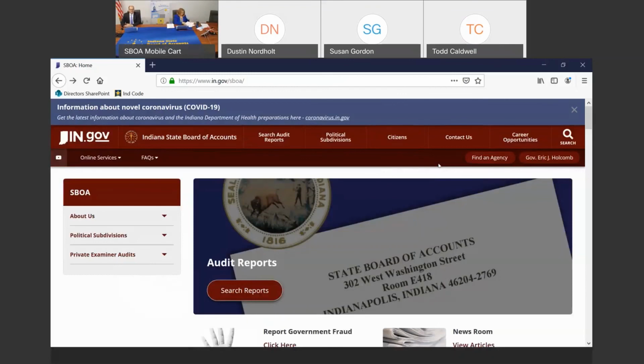We have maintained a list, or attempted to maintain a list, in the past, so when we send out bulletins or memos, we know we're giving it to the majority of cities and towns, but maybe not everybody, and especially this year, we've got new clerk treasurers who took office the first of the year, and some that have taken office since then. So this is going to be a way, we hope, that you can go in and register and subscribe and be able to get on our list, so when we send something out, you should receive it.